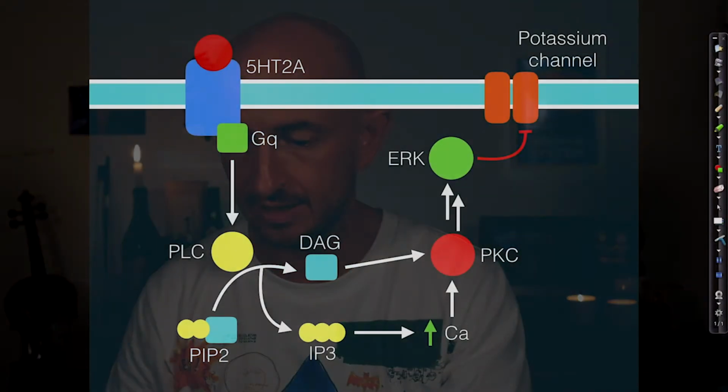What I mean by that is they activate different intracellular signaling pathways. We have looked at one particular intracellular signaling pathway associated with the 5-HT2A receptor. So let's revisit that now and remind ourselves of what we're actually talking about here.